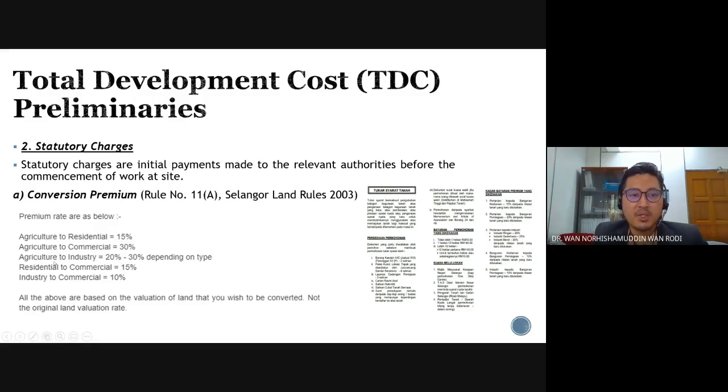Let's say you want to change your site from agriculture to industry, you have to pay between 20% to 30% depending on the type of industry, small, medium or heavy industry. If you want to convert your land from residential to commercial, you have to pay around 50%. So you have to refer to the premium rate given by the Selangor government, under the Selangor Land Rules 2003.